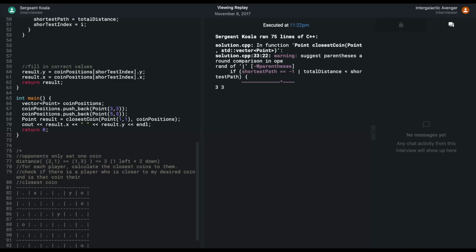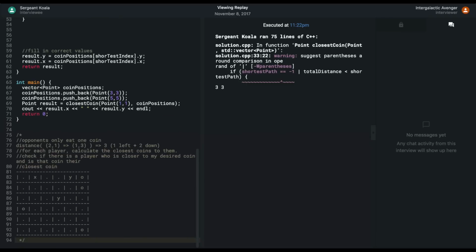So I've calculated out the closest coins to everybody. I say, here's this coin. Which one on this map would be closest to me? Like this one over here, probably. 1, 2, 3, 4. Yeah, these two are equal. Well, let's say this one was farther away. So I'd start with this coin because it's closest to me, and I'd say there is a player who's closer, and it is his closest coin.